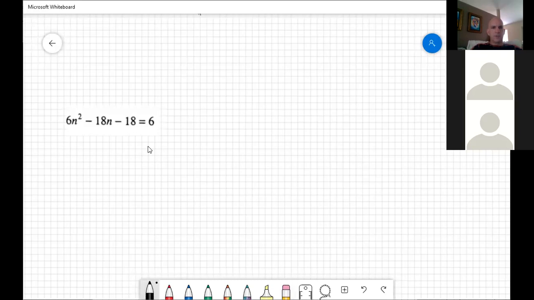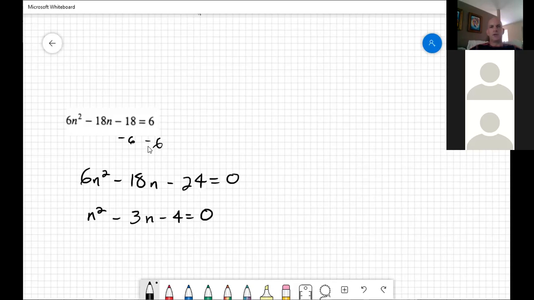So if we subtract the 6, we get 6n squared minus 18n minus 24 equals 0. And now divide everything by 6, we'd get n squared minus 3n minus 4. That's a much easier thing to factor, right?